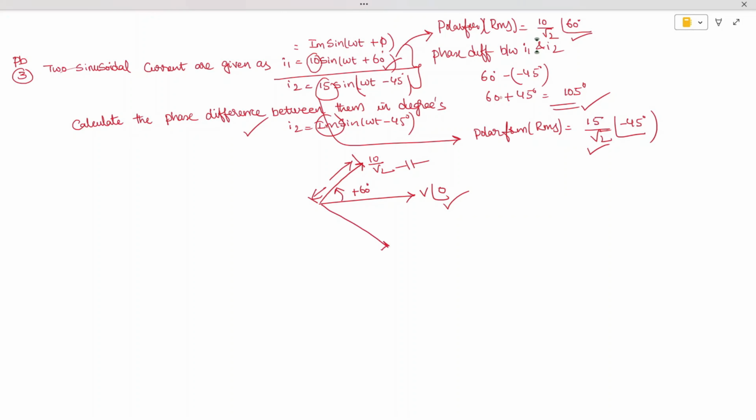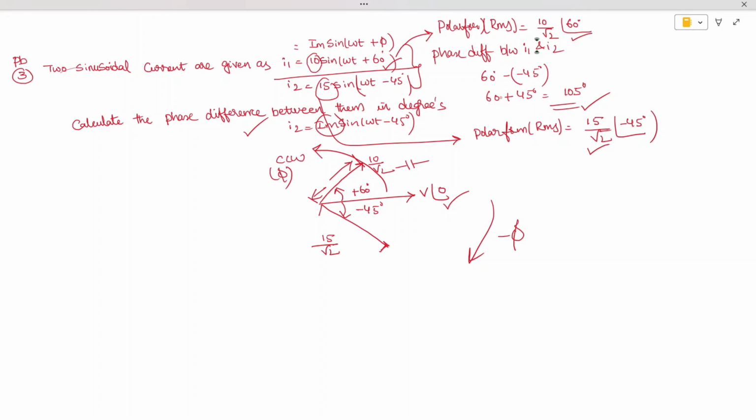When you draw it, the magnitude of this waveform is 15 by root 2, but for the phase angle, when you are traveling in the counterclockwise direction, you have to take it as positive degrees. When you are traveling in the clockwise direction, you should take it as negative. So here this is minus 45.